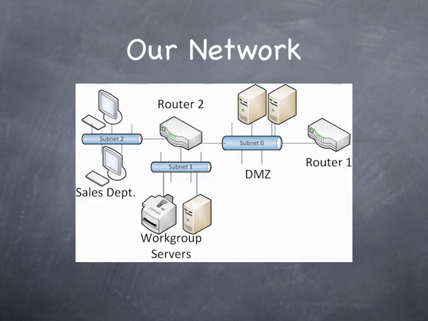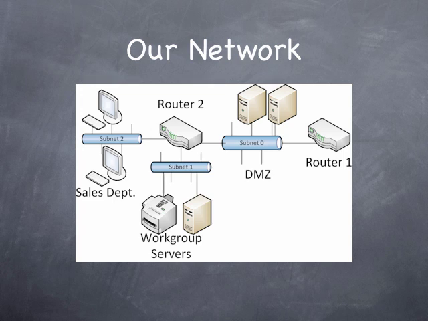Okay, so we got our unique local addresses, we got our global addresses. How are we going to use them in our network? Let's first talk a little bit about who is talking to whom in our network. I got a little network here that has the basic components. On the left, you have a sales department, and you probably have more than one subnet like that for different departments in your organization.